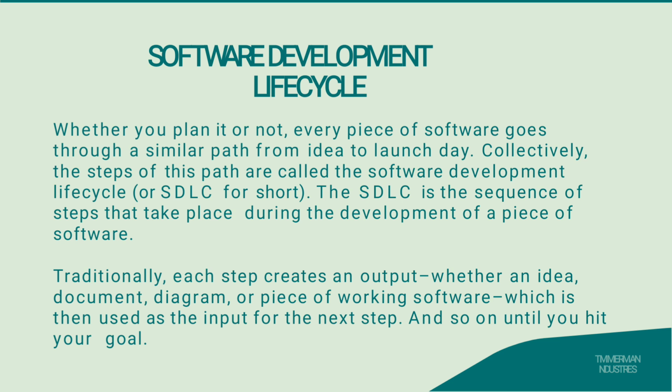The SDLC is the sequence of steps that take place during the development of a piece of software. Traditionally, each step creates an output, whether an idea, document, diagram, or a piece of working software, which is then used as the input of the next step, and so on until you hit your goal.